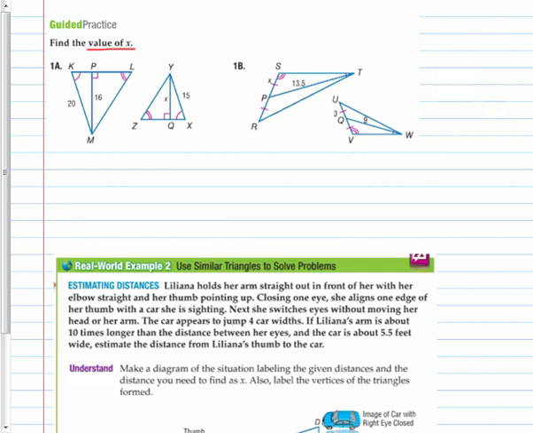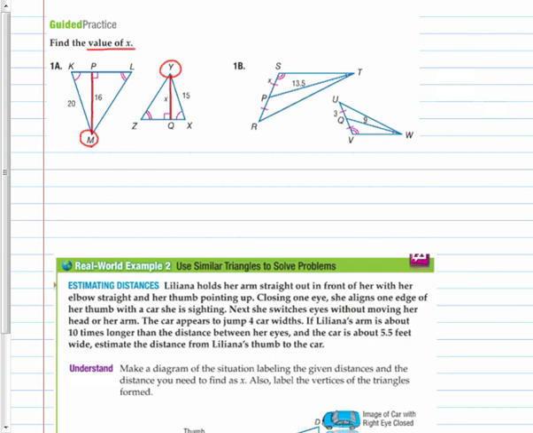So now that we know they are similar, we know that those, what's the name for this segment? Altitude. I know these corresponding altitudes. And notice it's an altitude from corresponding angles. They match up. The K goes with the X, the L goes with the Z, and the M would go with the Y. So they are the corresponding altitudes.